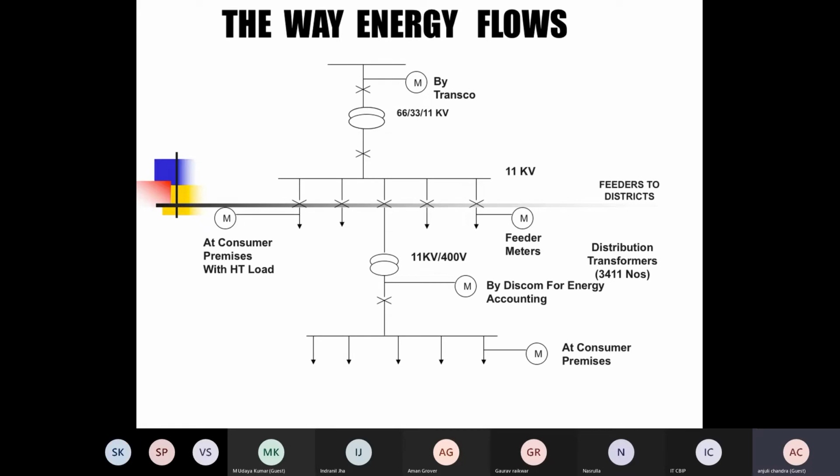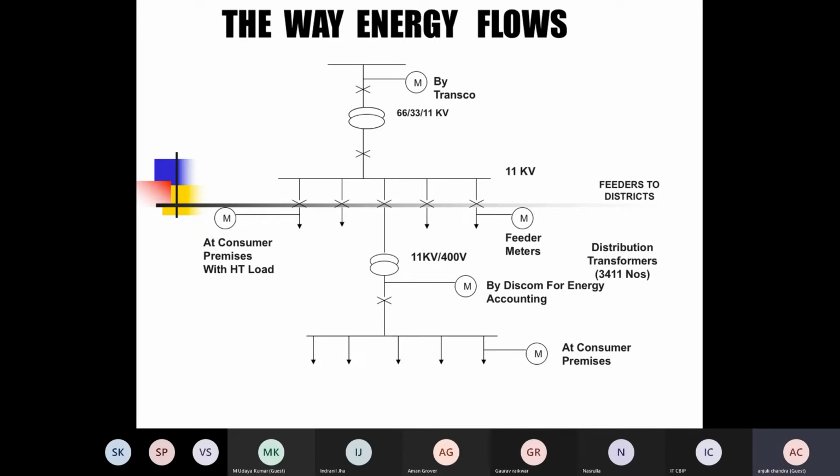The energy flows from the transmission system to the 66 or 33 by 11 kV system. Then from the 11 kV system, it goes down through 11 by 400 volt distribution transformers to the consumer premises.